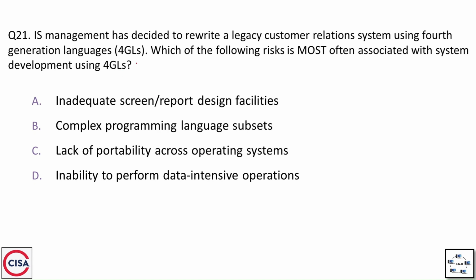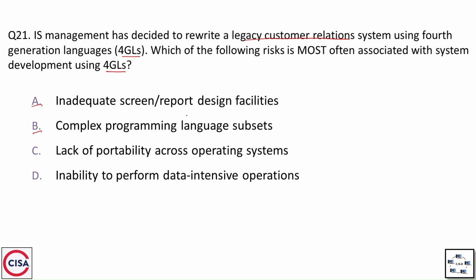Question number 21. IS management has decided to rewrite a legacy customer relation system using fourth generation languages, that is 4GLs. Which of the following risks is most often associated with system development using 4GLs? Option A, inadequate screen/report design facilities.